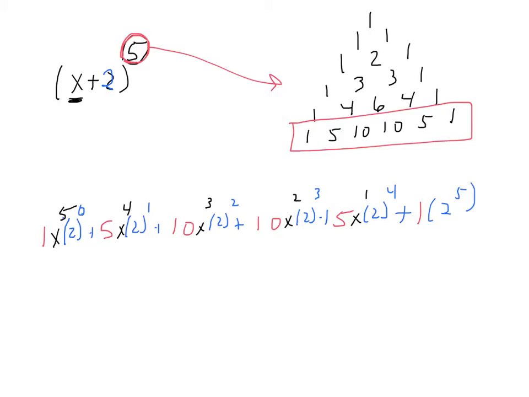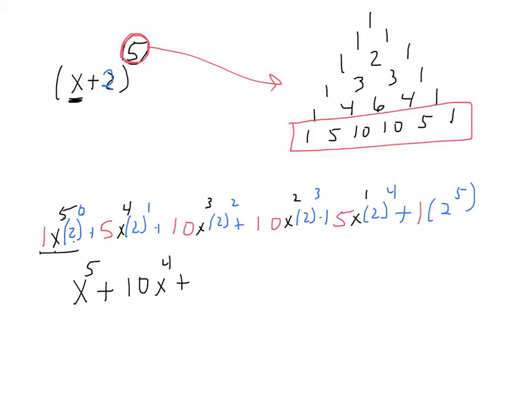So now, this first term, I have 1, I have an x to the 5th and a 2 to the 0, which is 1. So that's x to the 5th, plus. On the second term, I have a 5, an x to the 4th, and a 2 to the 1st. This 5 and this 2, because I have a number here now, not a variable, they're going to combine to a product of 10. So I'm going to write this as 10x to the fourth.